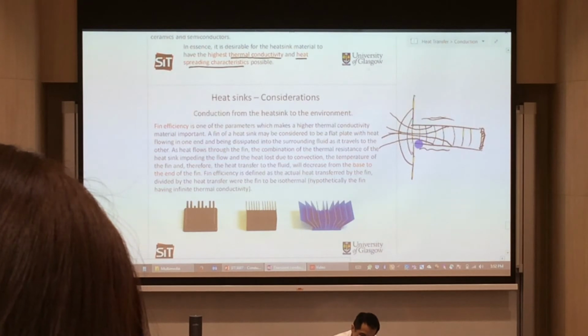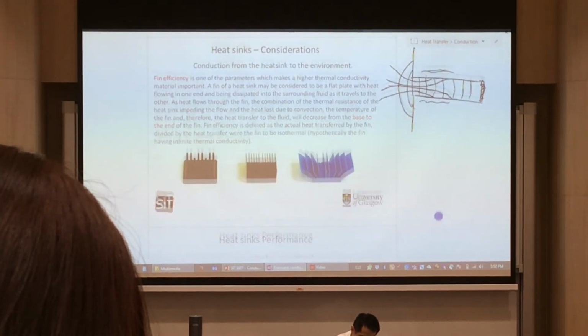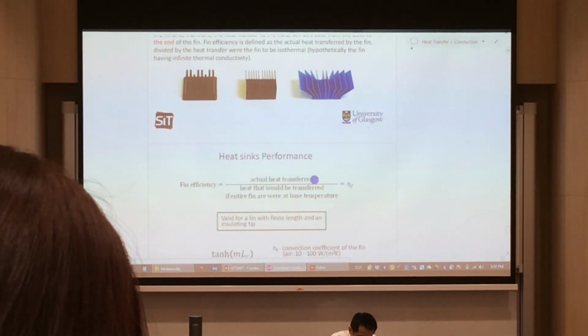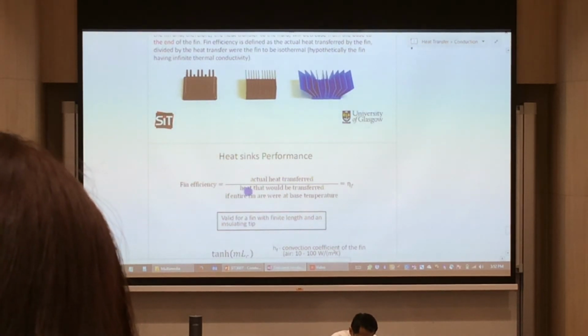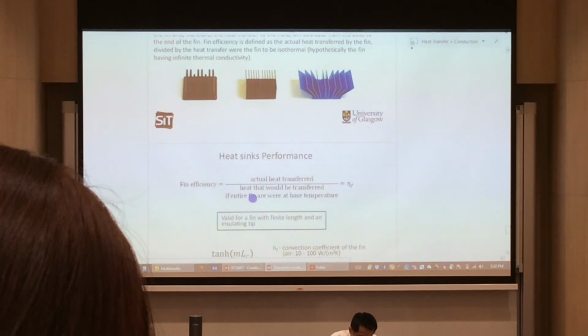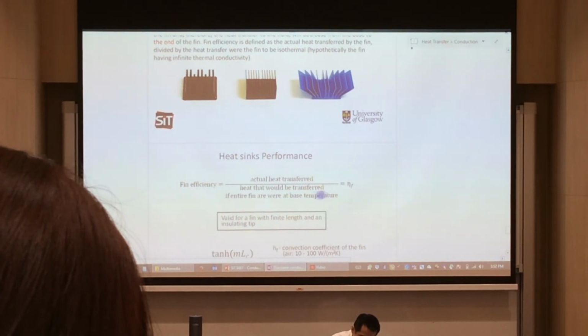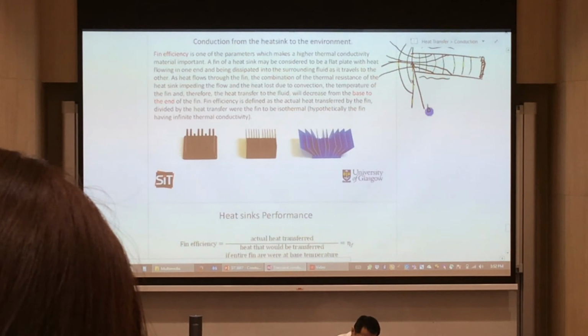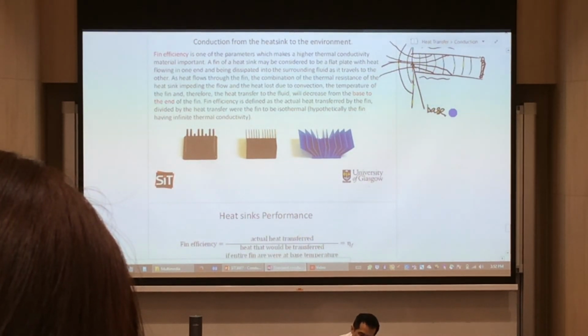So that's the definition of what we mean by the fin efficiency: the actual heat that's transferred divided by the heat that would be transferred if the entire fin were at the base temperature. This base temperature refers to this base over here. We know that this base temperature in real life will be higher than the temperature over here.